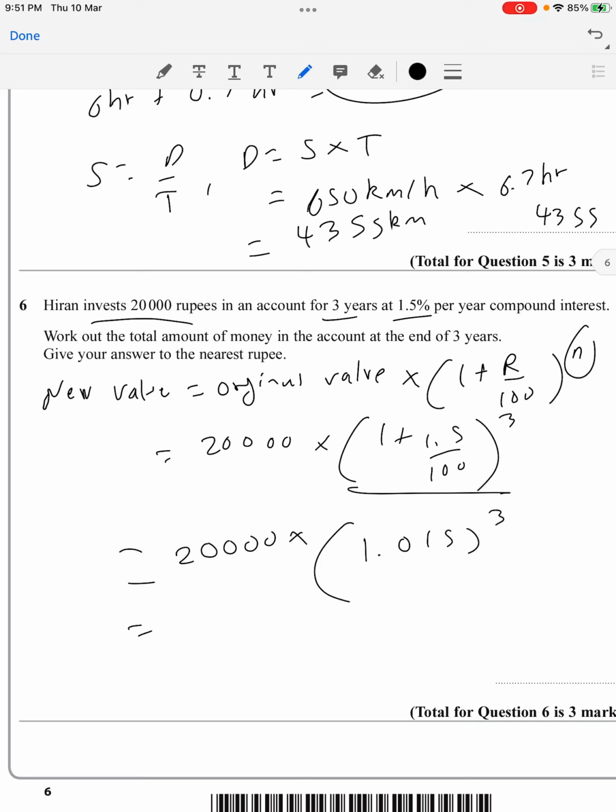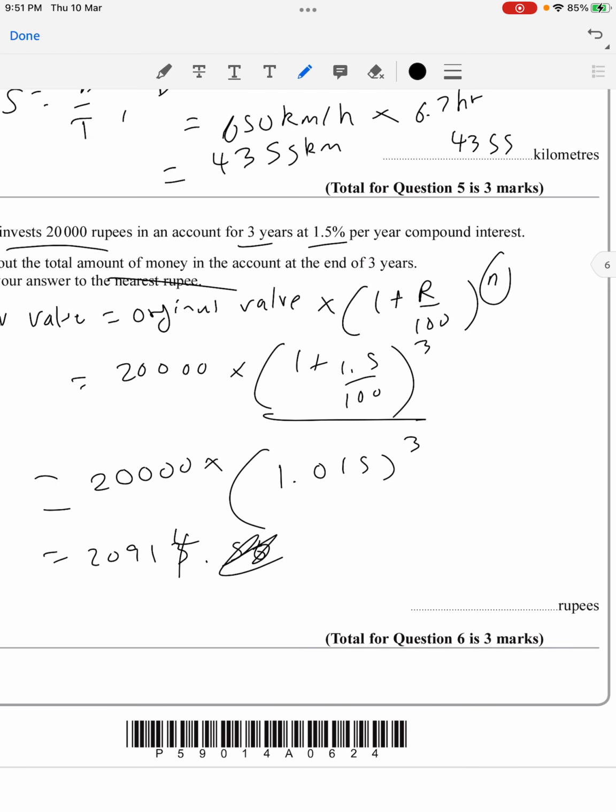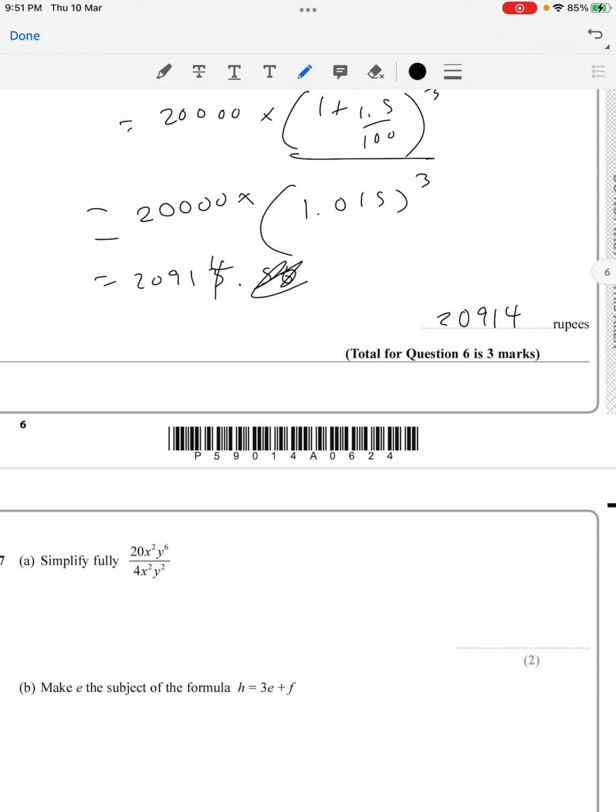Type that whole thing into your calculator, and you should get approximately 20,913.56. Now remember, it's the nearest rupee, so you round off the last digit up to 4: 20,914 rupees. There you go.